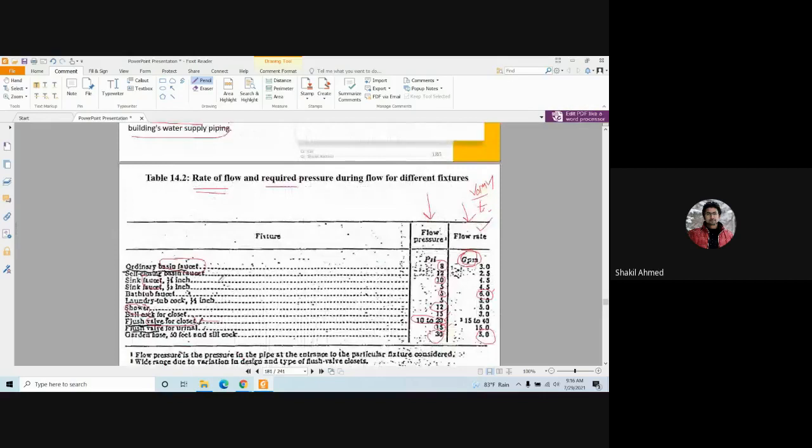So this flow pressure, flow rate has been converted to a single parameter which is called fixture unit.